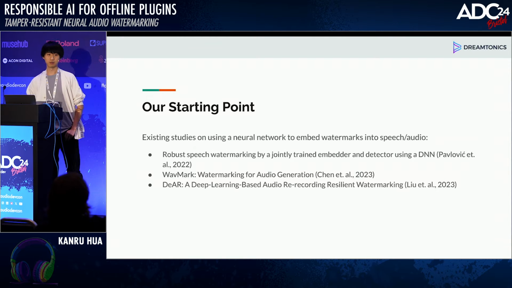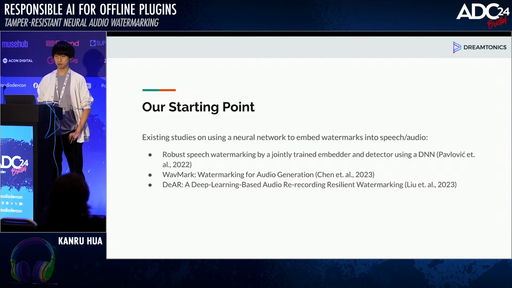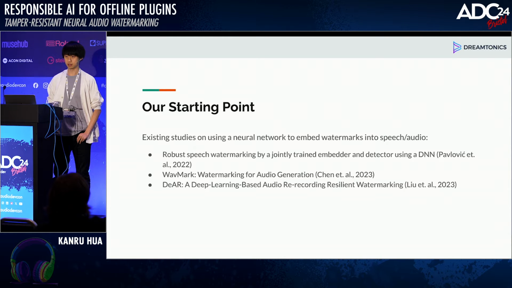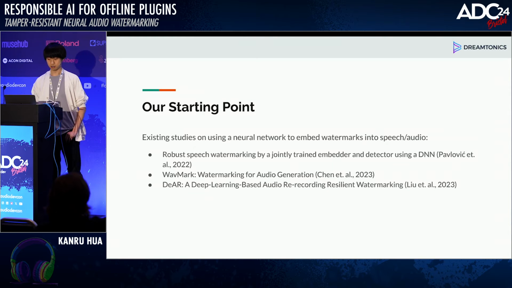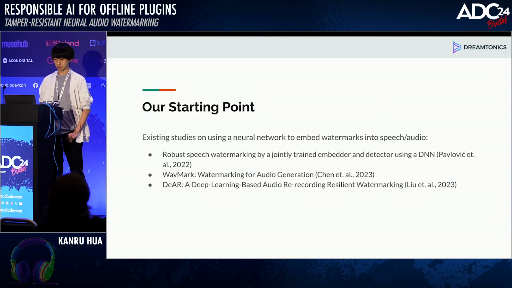Fortunately, we have some starting points, and these are quite recent research, about how to add robust audio watermarks that can withstand transformation and compression. There are studies on using a neural network to embed watermarks into speech or audio. These approaches have been tested in artificial and real physical environments, and they've been shown to be pretty robust against some quite heavy noise.